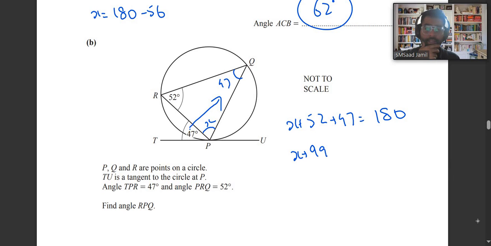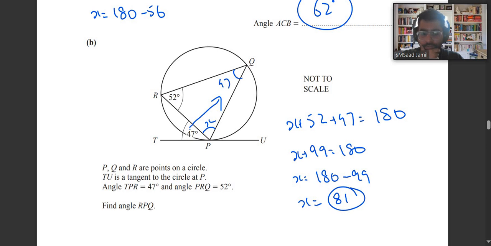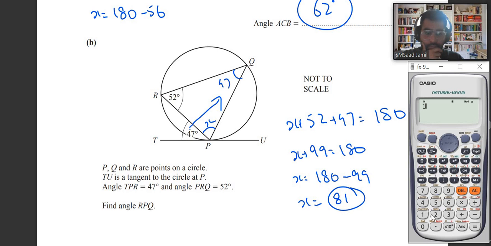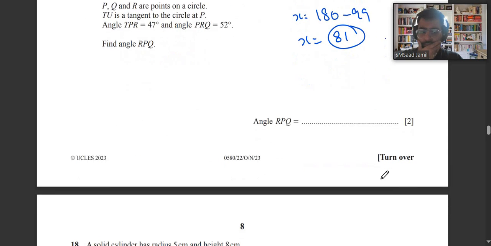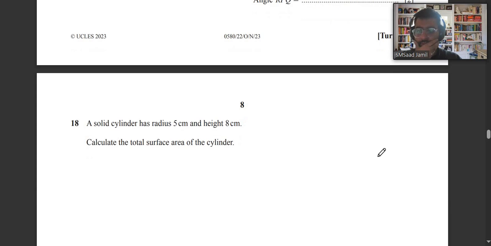X plus 99 is equal to 180. X is equal to 180 minus 99. X is equal to 81. Let me cross check it as well. 180 minus 99, yeah, 81. Thank God we are done with that question.